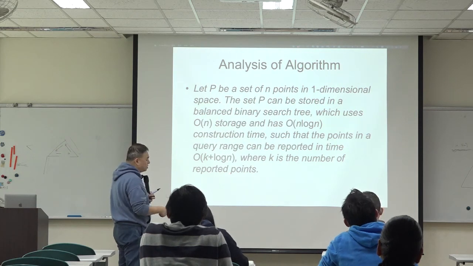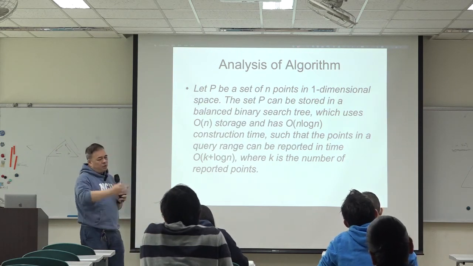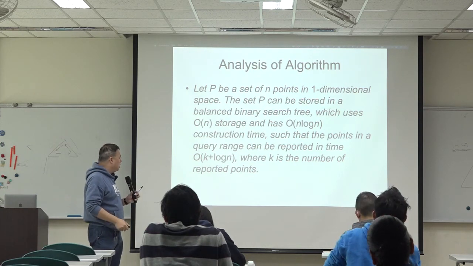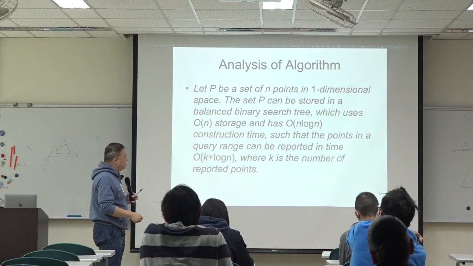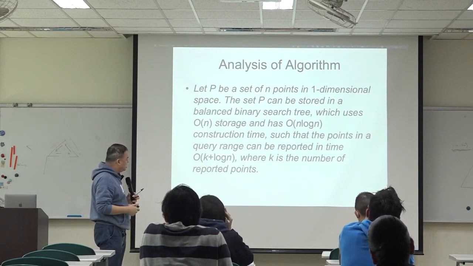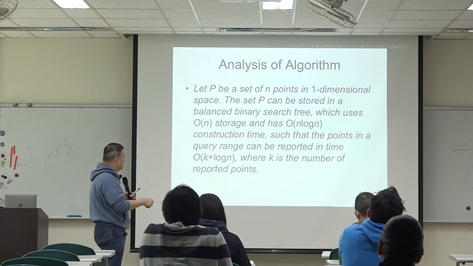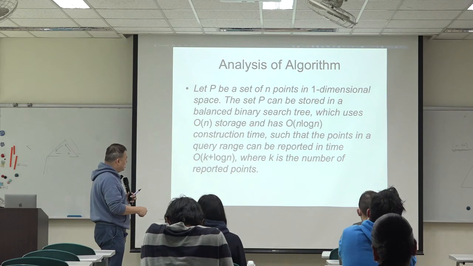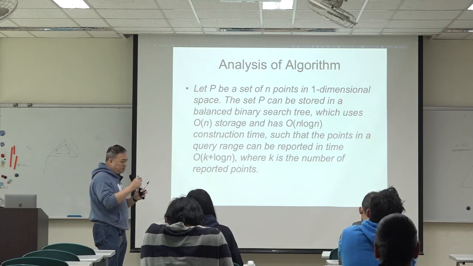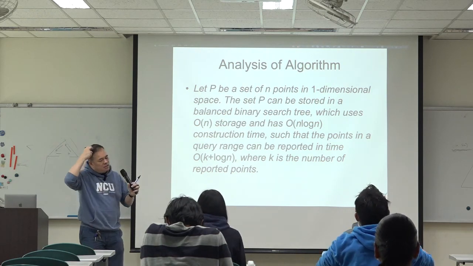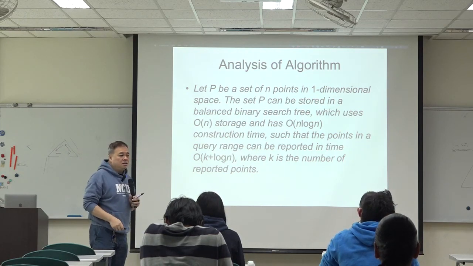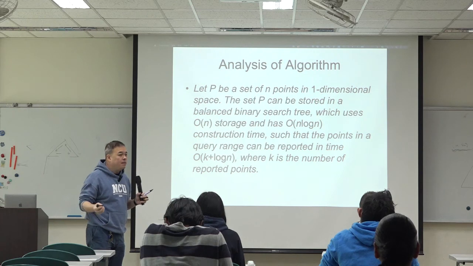You need log n because you are going to find two ends, so those take this many log n comparisons. And k represents the number of reported points, taking care of the points that you report in between the two ends. So this is the one-dimensional situation. Very simple, right?